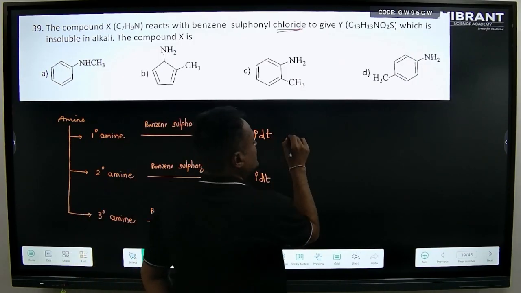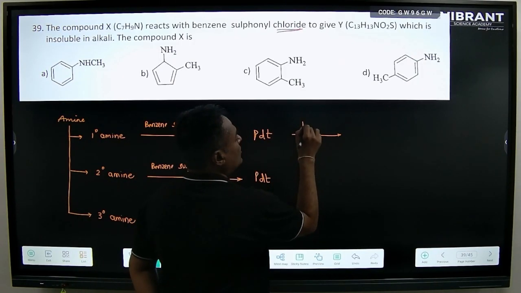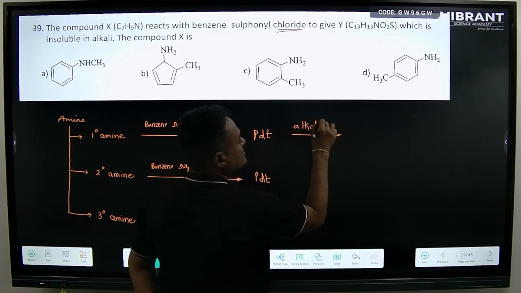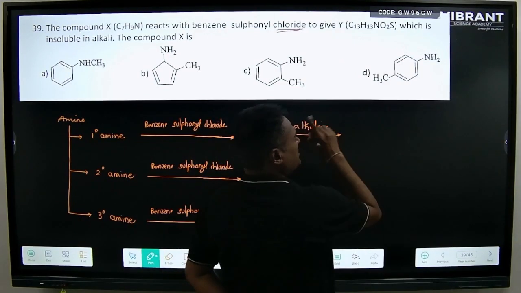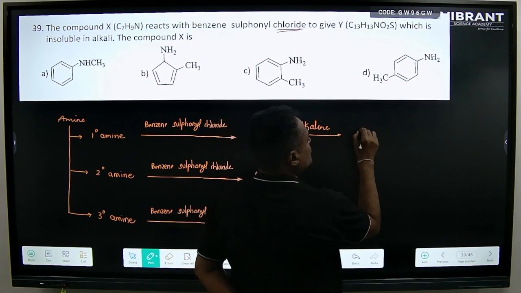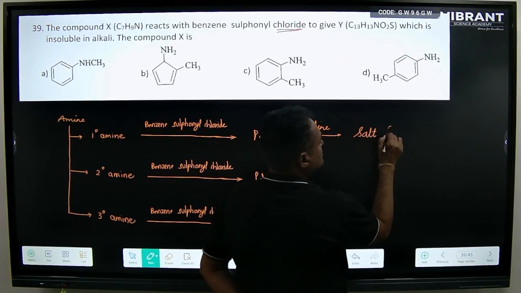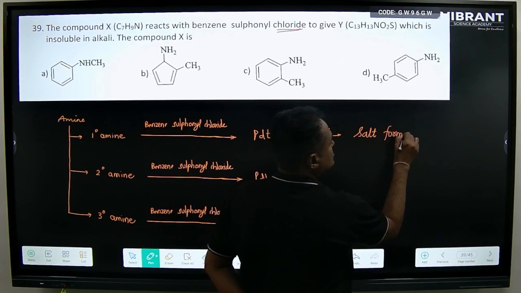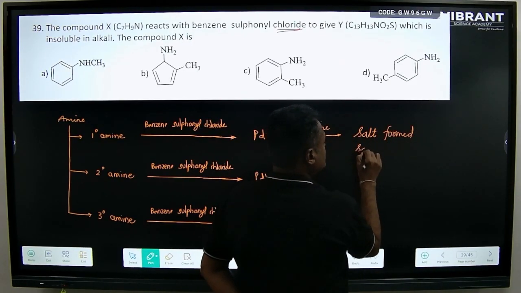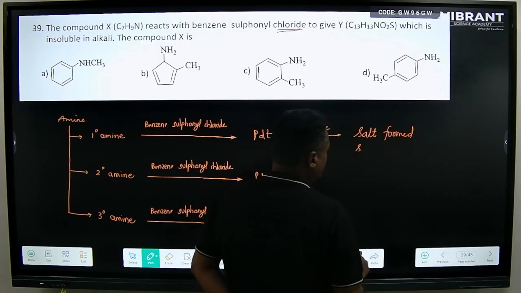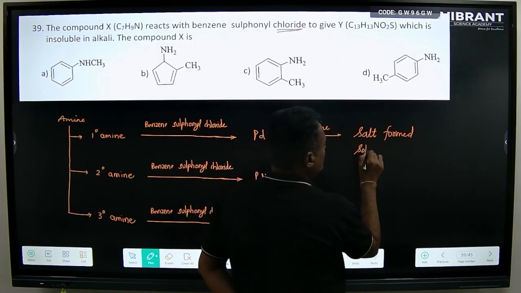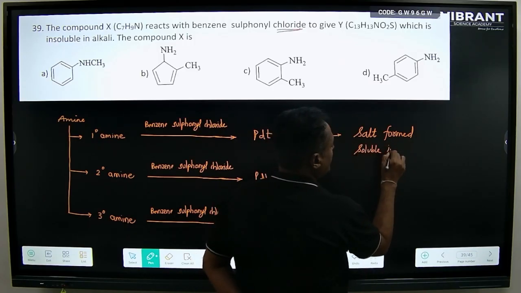Now, the second step is, when this is allowed to treat with an alkali, what happens? Being a primary amine Hinsberg product, it is going to form a salt, and the salt is soluble in water.